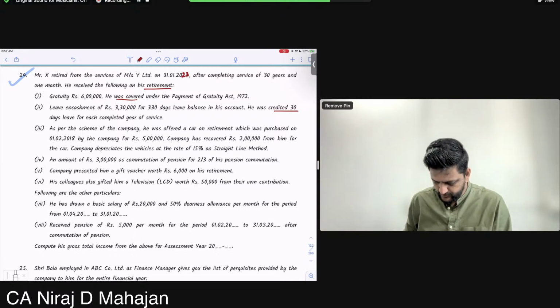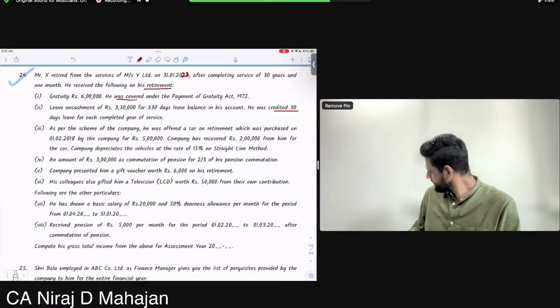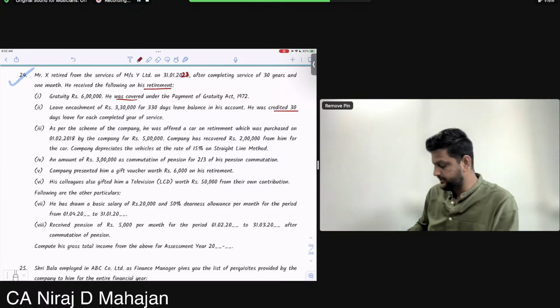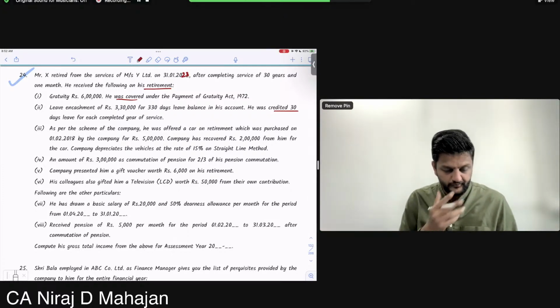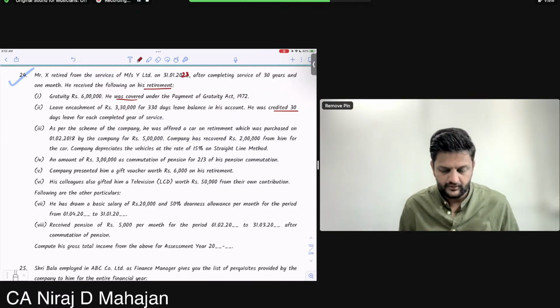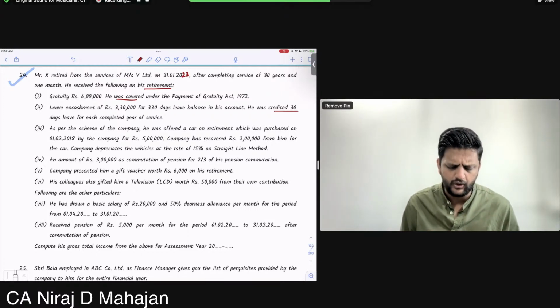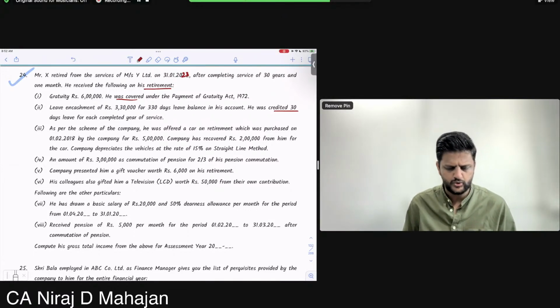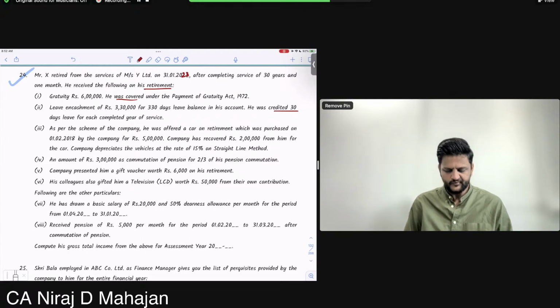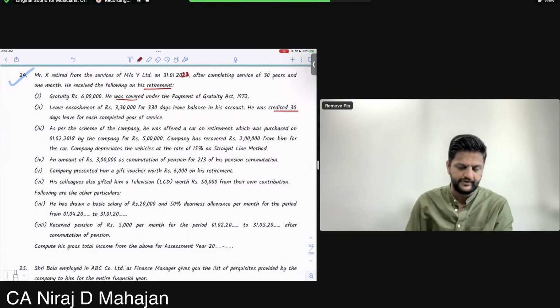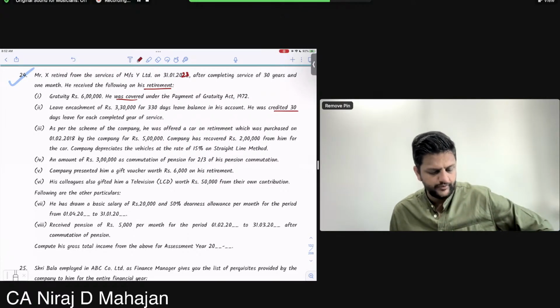Then next one is what? As per the scheme of company, he was offered a car on retirement which was purchased on 1/4/18 by company for rupees 5 lakhs. Company recovered 2 lakhs from him for the car.